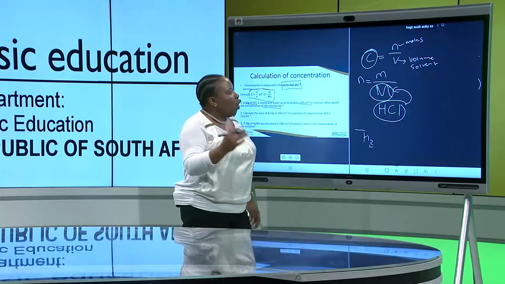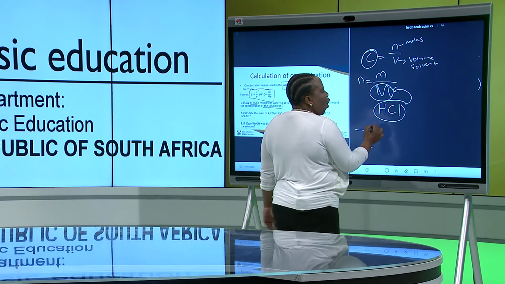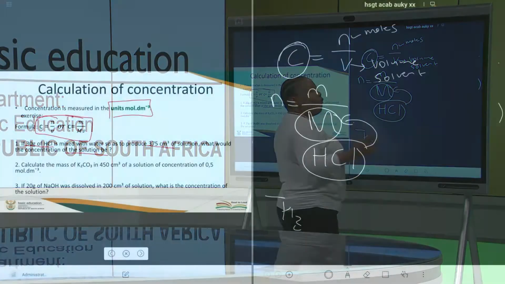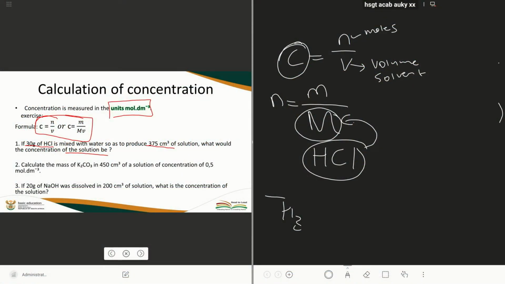In terms of the molar mass, you know that we add the masses of all the atoms in that compound. So the molar mass of hydrochloric acid is going to be the mass of hydrogen plus the mass of the chlorine atom. Now, what is the mass of hydrogen?